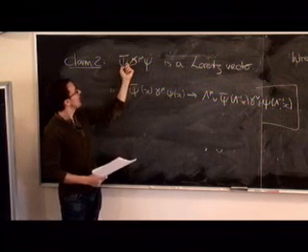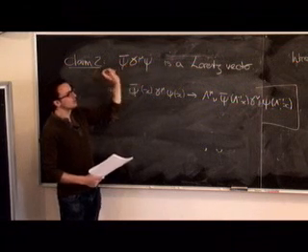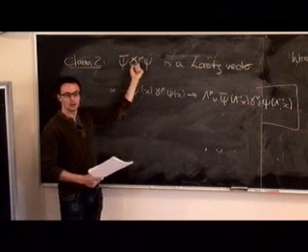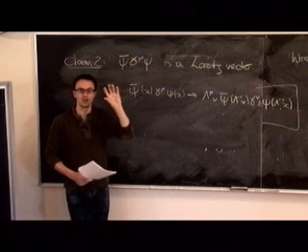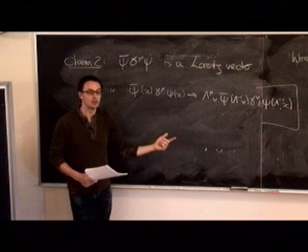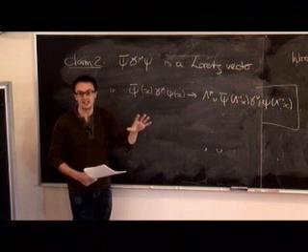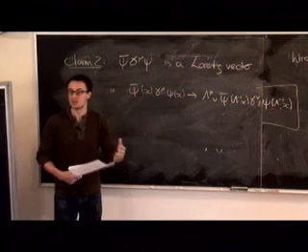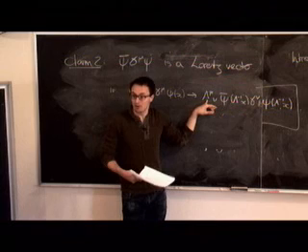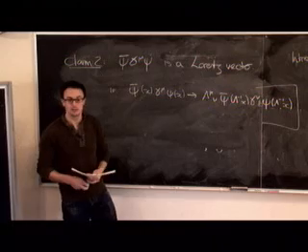What's going to happen is you're going to get an S dagger here and an S here. The S dagger, you're going to have to move through the gamma zeros, become S to the minus 1, but then you have to pass it through the gamma mu. So what you get is basically commutations of an S with a gamma, but I did write down the expression earlier for what that is. It was the intermediate step that you need to first prove before you prove that the S's satisfy this Lie algebra. So once you use that, this lambda turns up, which is the original representation, not the spinor representation, and the whole thing transforms as a vector.